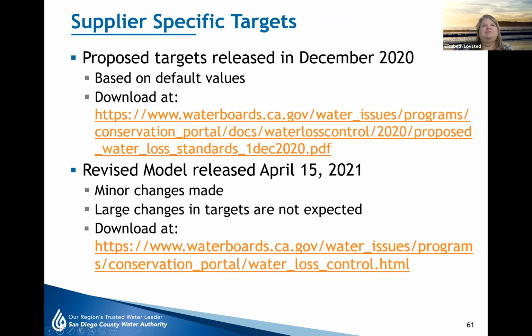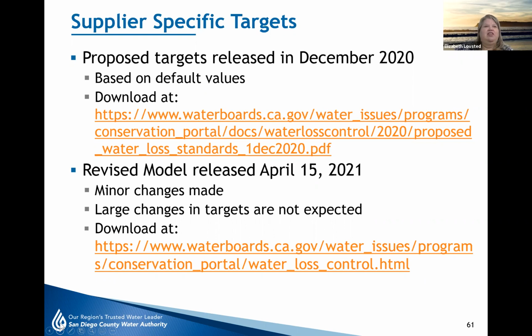So the supplier specific targets were originally released in December of 2020. They have default values in the model. You can find the list of targets at that link right there. It tells you what your current use is, what your baseline use is, and what your target is. In April, they released another model. Minor changes were made based on a peer review.